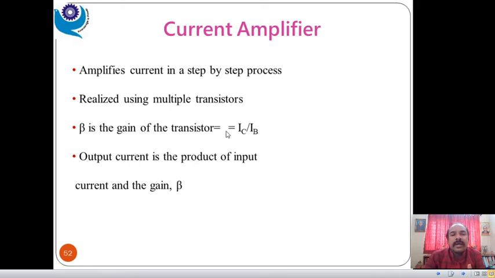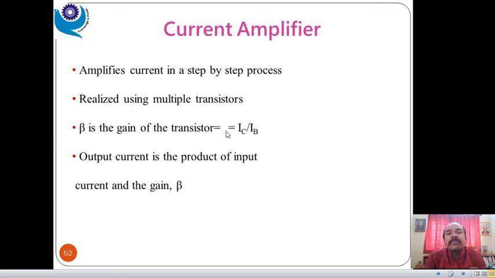So the output voltage of the microcontroller is 5 volt, and the current is also very small. To operate the air conditioner we need to connect a relay, an electromechanical device which can switch on and off accordingly. But to operate a relay, again the current requirement is high. For that purpose we need to connect a driver circuit, or current amplifier circuitry.